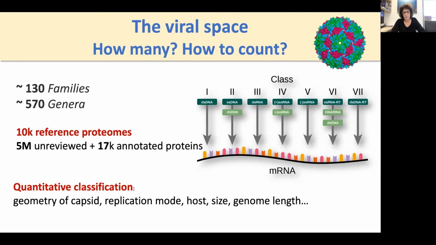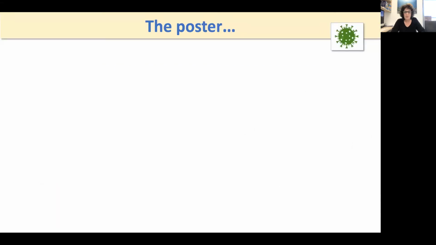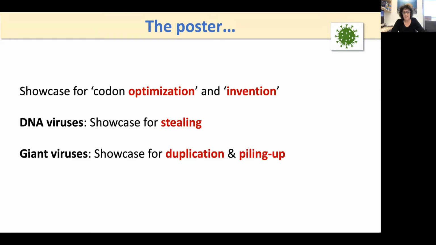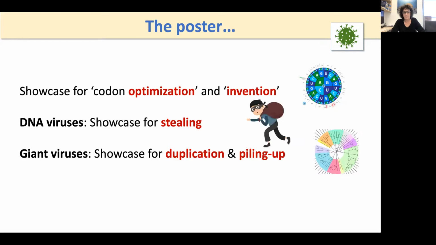Altogether, there are about 130 families, but if we talk about the proteins, we talk about 10,000 reference proteomes, and they account for over 5 million sequences in the database. So the poster talks about codon optimization, about a showcase for stealing of DNA and material, and about duplication and piling up. Let's get going.